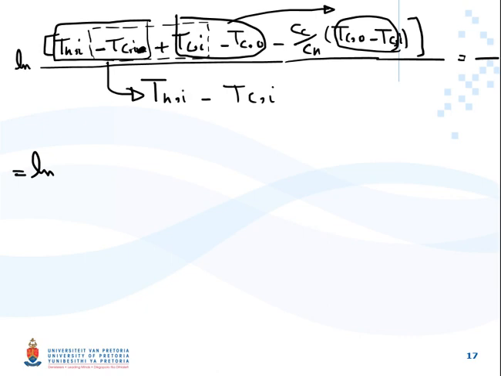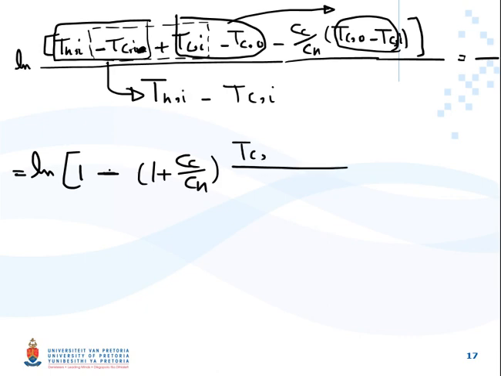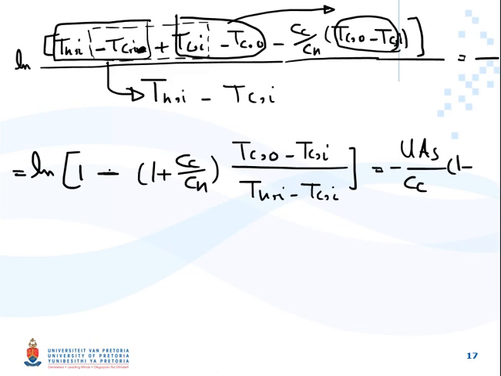So what I'm going to have is 1 plus CC divided by CH times TCO minus TCI over THI minus TCI is equal to, the second side will stay the same, 1 plus CC divided by CH. Okay, now we have it.